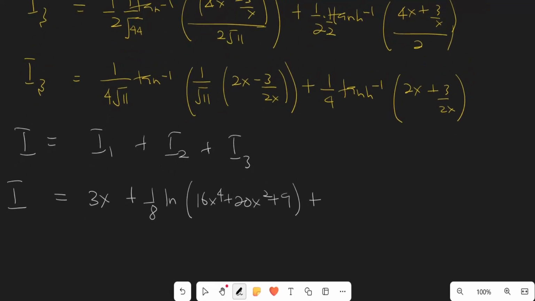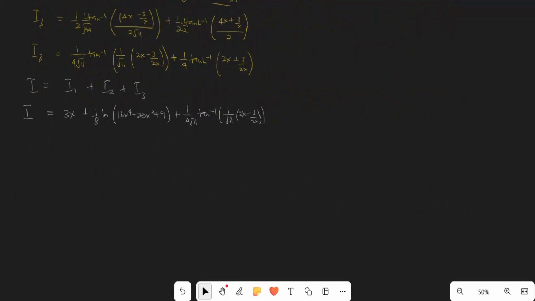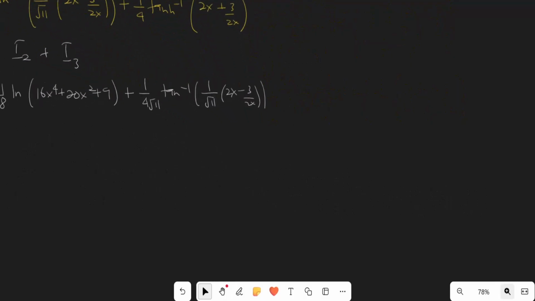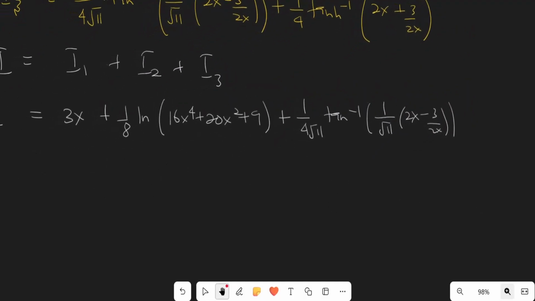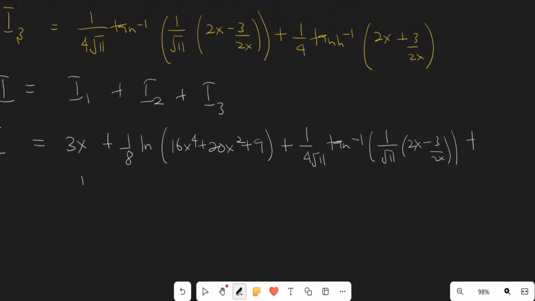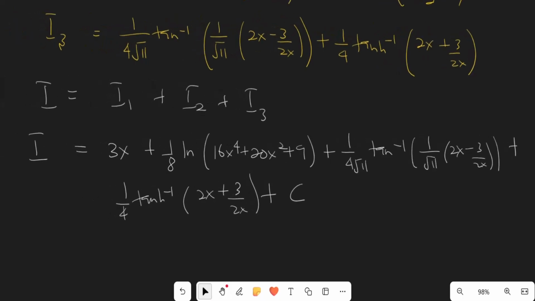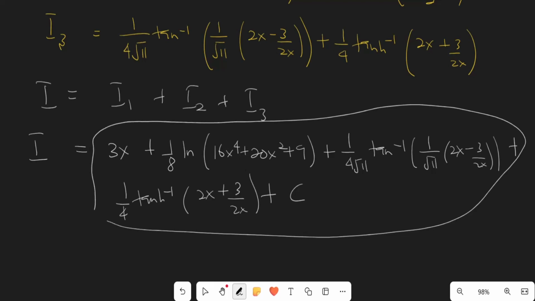I3 is this: 1 over 4 square root of 11 tan inverse of 1 all over the square root of 11 of 2x minus 3 over 2x, plus 1 over 4 tan hyperbolic inverse of 2x plus 3 over 2x, plus a constant of integration. So this one is the value of our integral.